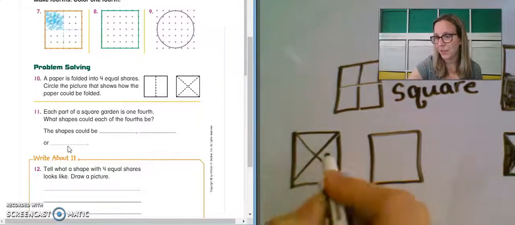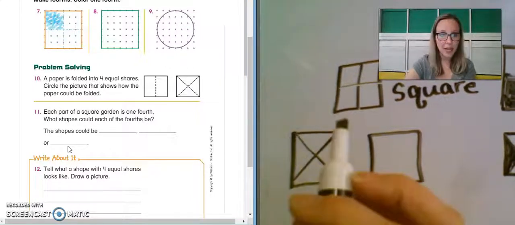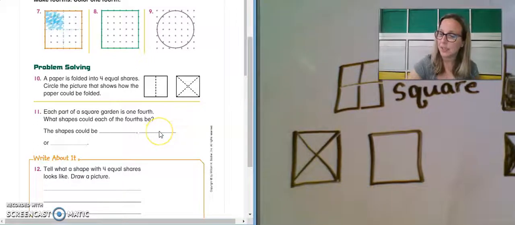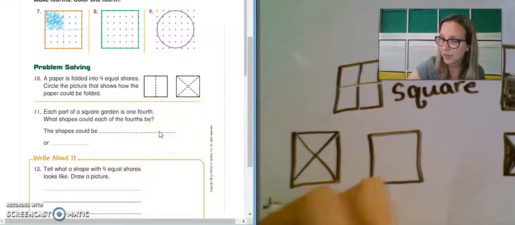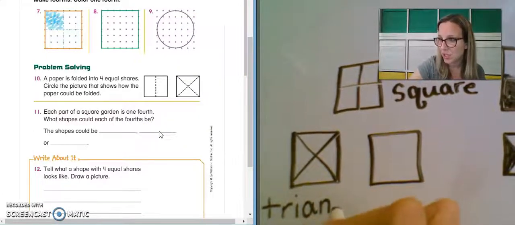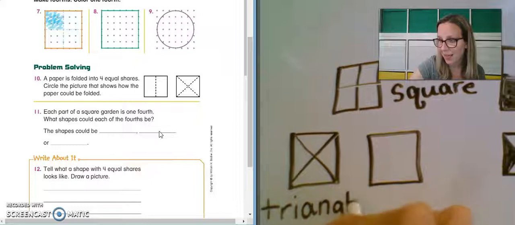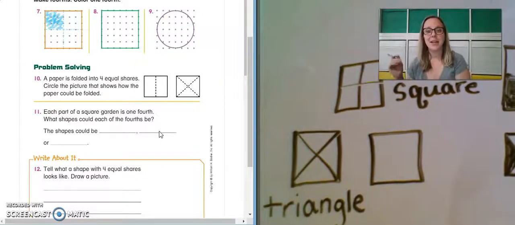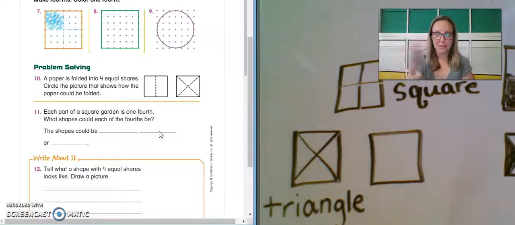That would give us 4 equal pieces, and these are triangles. So on this second line here, you will write triangle. T-R-I-A-N-G-L-E.